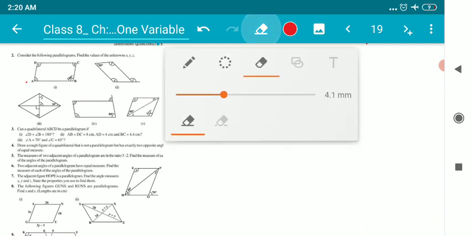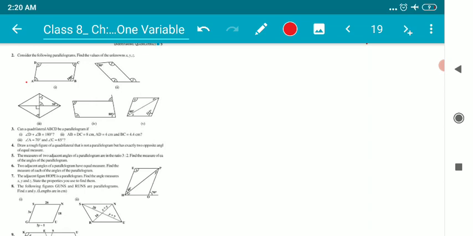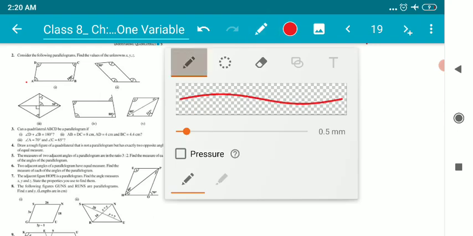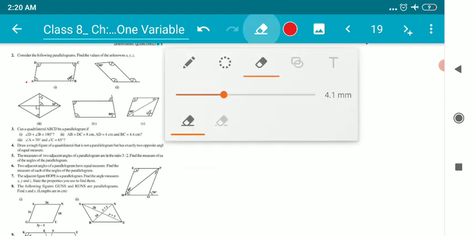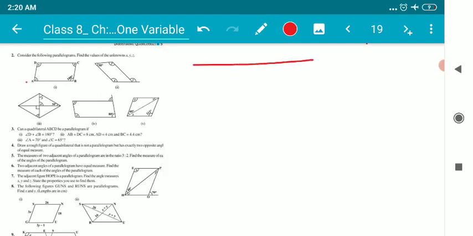Okay, children. Let us understand some basic rules of parallelogram once again. Let me draw a parallelogram first. This is a parallelogram. There are some basic rules of parallelogram. Let us name it first. Name of this parallelogram is ABCD.